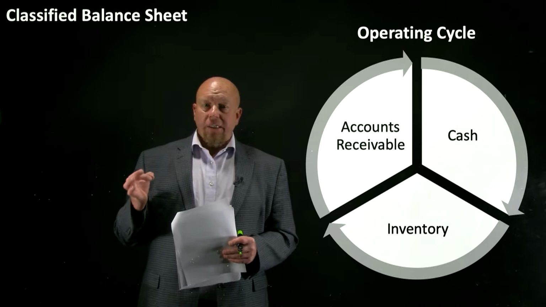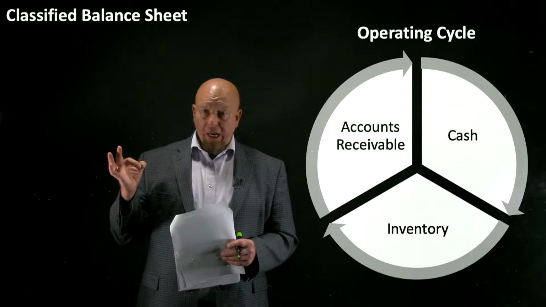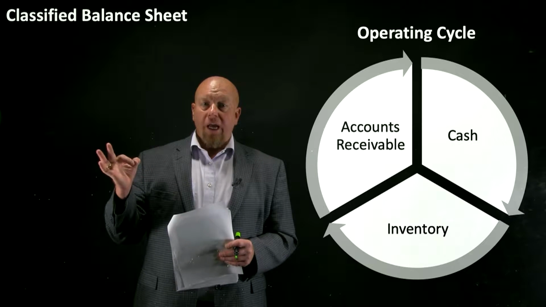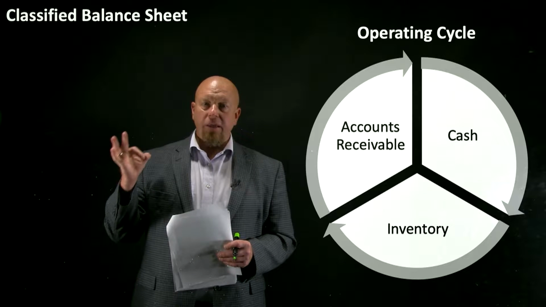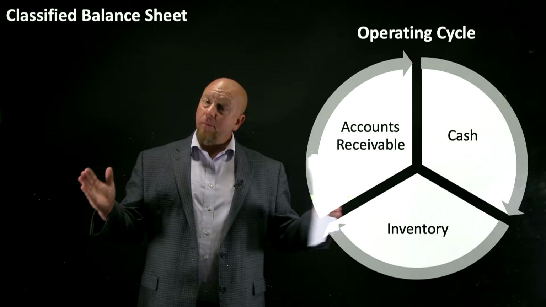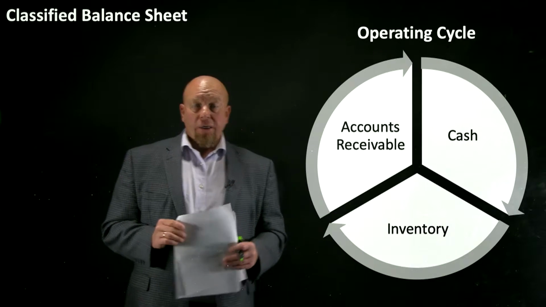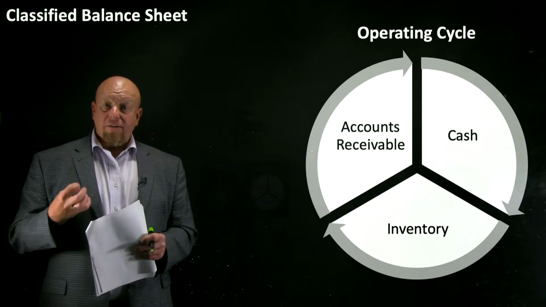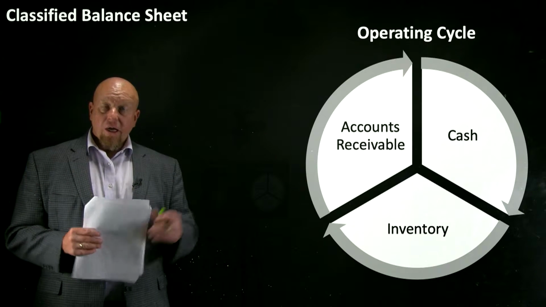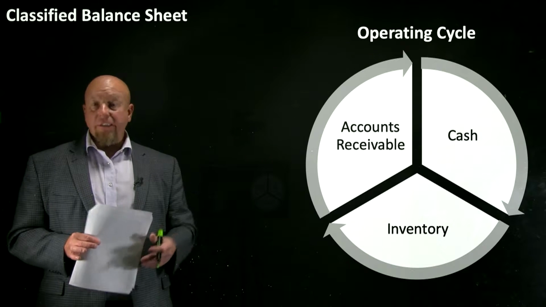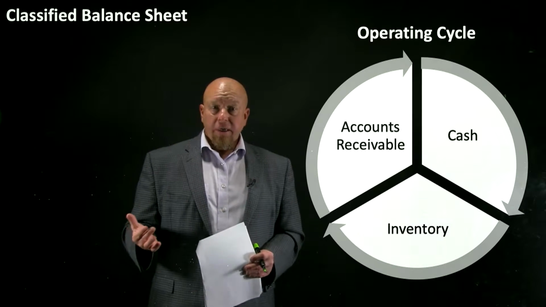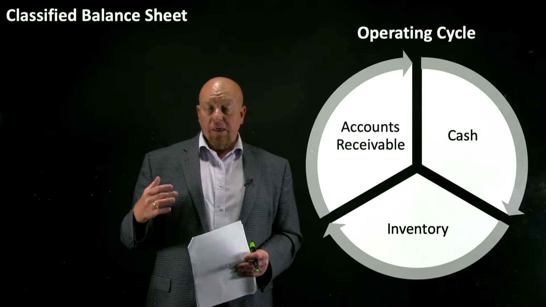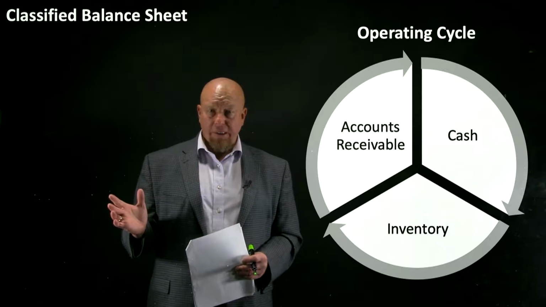Current assets are expected to be already cash, converted to cash, or used up within the operating cycle or the next year, whichever time period is longer. And current liabilities are expected to have to be paid or satisfied within the next year or operating cycle, whichever is longer. Now, for a lot of businesses, 12 months is plenty sufficient for an operating cycle.